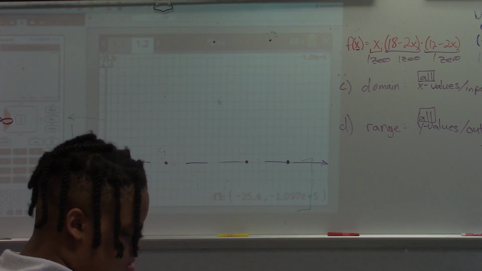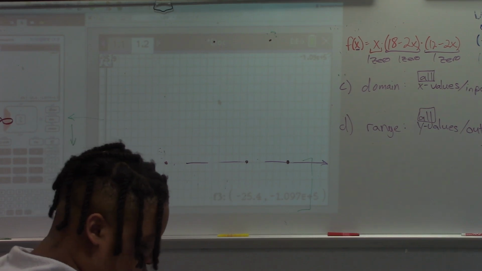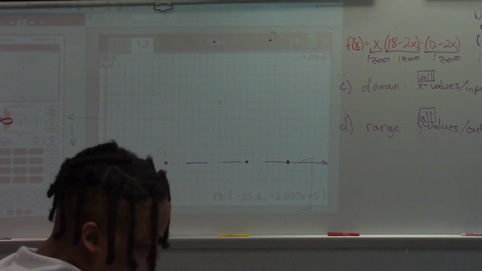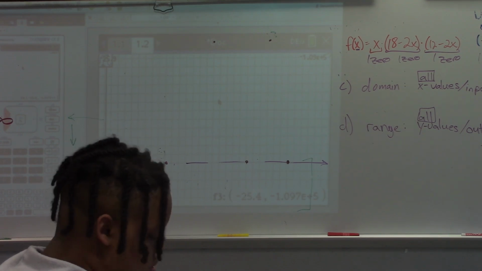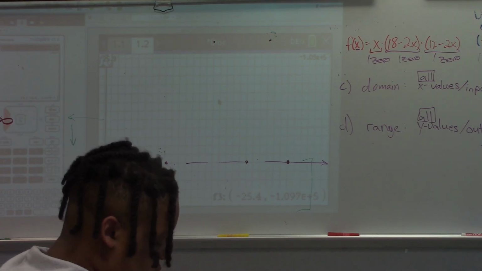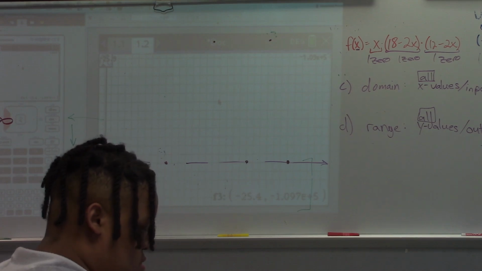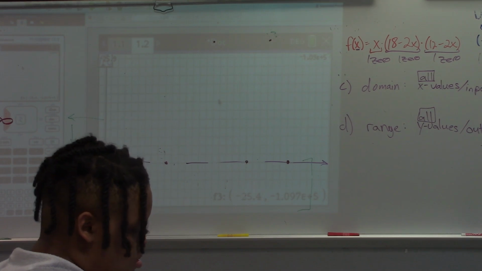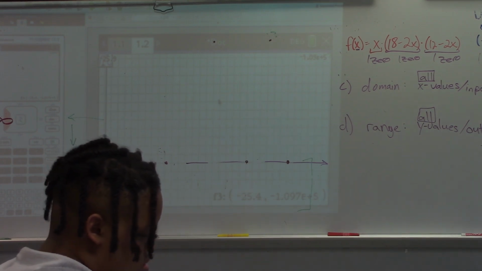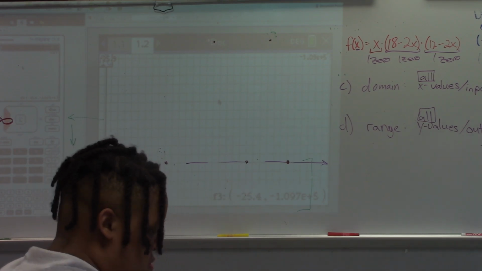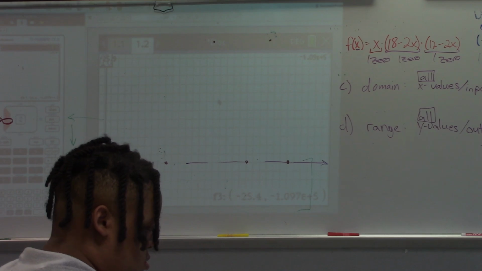Remember, there are sometimes brackets, but we haven't talked about that yet. We always need a minimum value, then a comma, and then the maximum value. That comma literally just means everything in between. So when you use interval notation, you put a minimum and a maximum, and a comma in between.